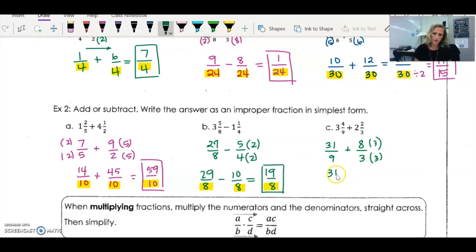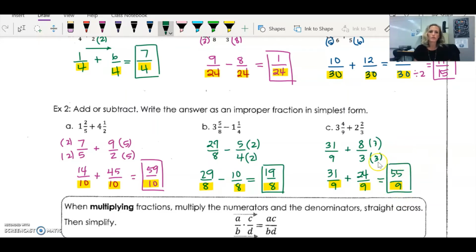So now I've got 31/9 here, and 24. 8 times 3 is 24. 9 here, I've got my common denominator of 9. And 31 plus 24 is 55. And 55 and 9 cannot divide by a common factor, so that one is also complete.